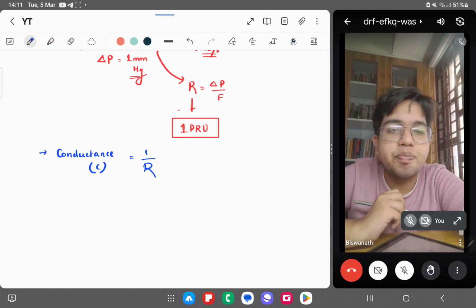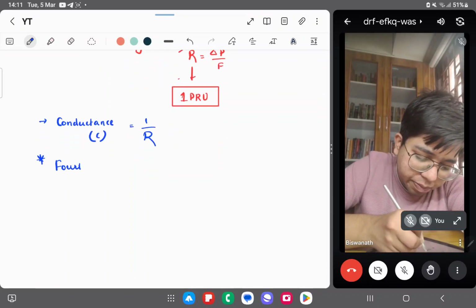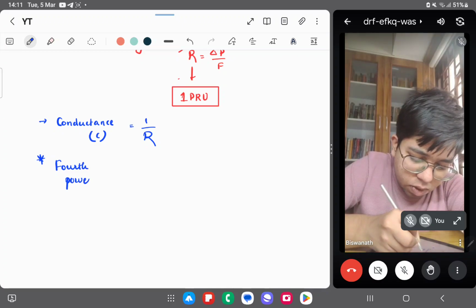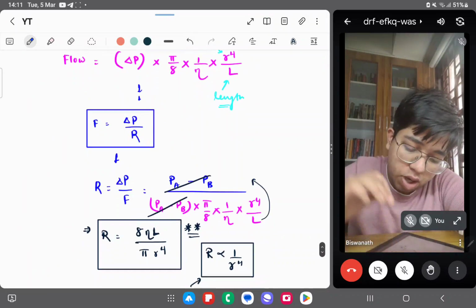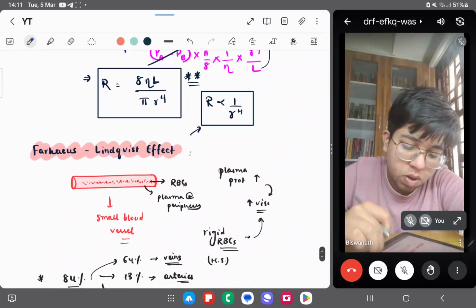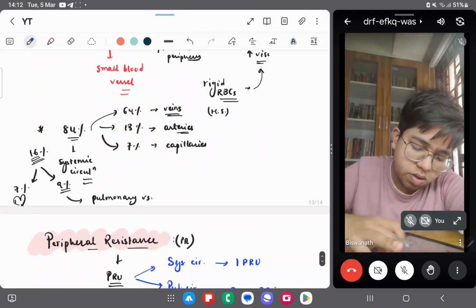Another thing: there is a law called the fourth power law. You can see the formula above.